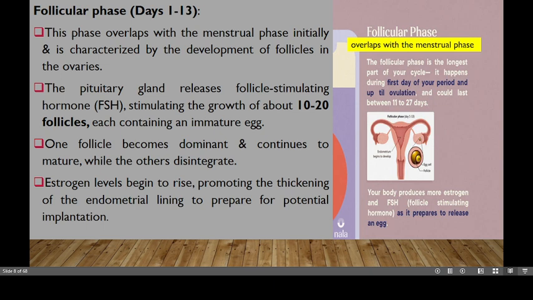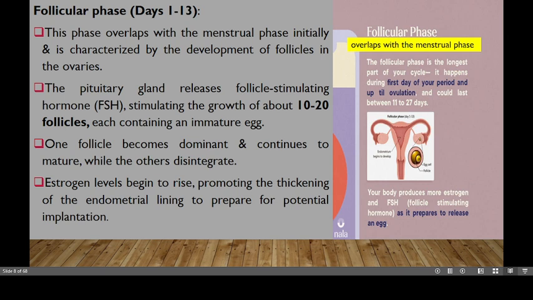This stimulated our pituitary gland to start the process again, and the pituitary gland responds by releasing FSH, the follicle stimulating hormone. This will stimulate the growth of about 10 to 20 follicles, each containing an immature egg.